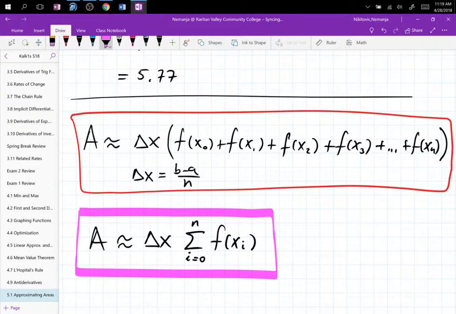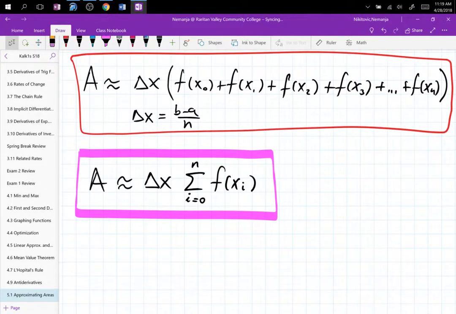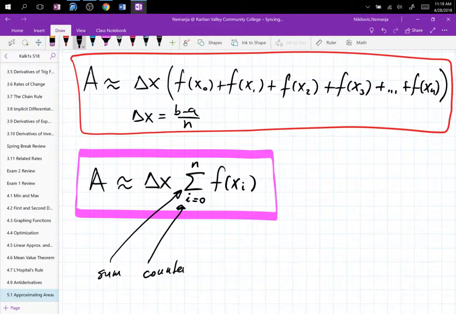So I want to talk to those of you who are not into computer science and programming now. This i is a counter. The sigma over here represents the sum. So it starts with this number and ends with the number on top.